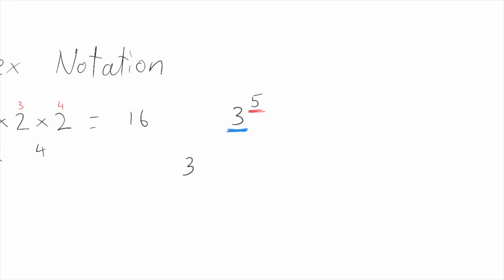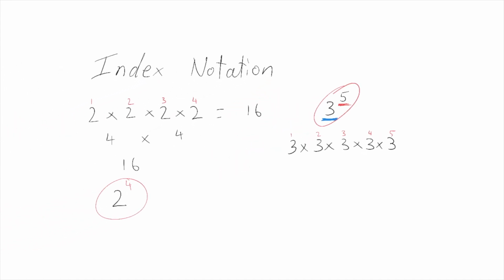So it's going to be 3 times 3 times 3 times 3 times 3. As you can see there, we have 1, 2, 3, 4, 5. We have multiplied 3 by itself 5 times, and therefore we have 3 to the power of 5. Now, going either way, that's how we represent repeated multiplication as index notation, and how we represent index notation as repeated multiplication.